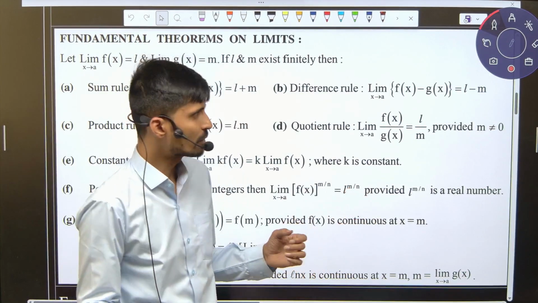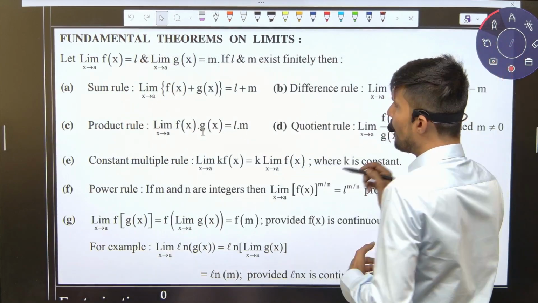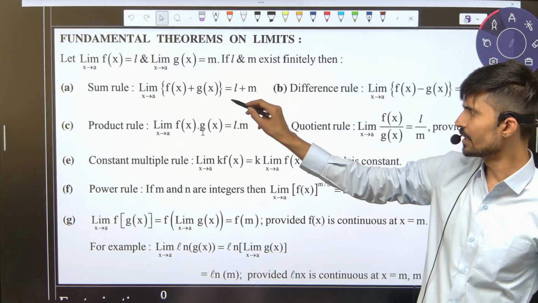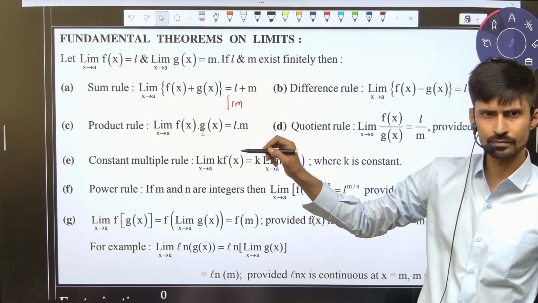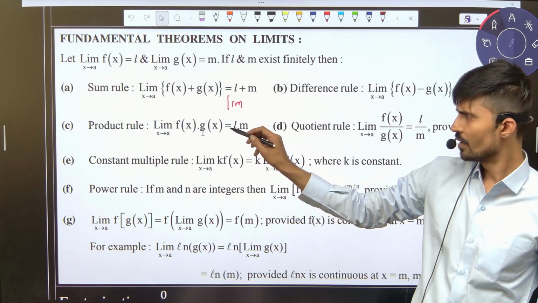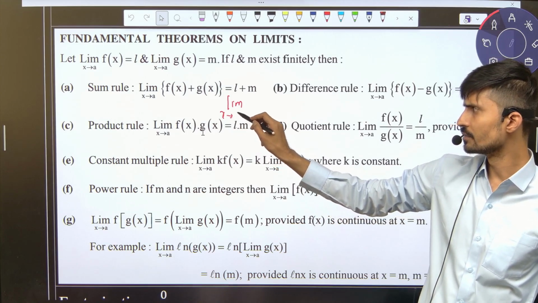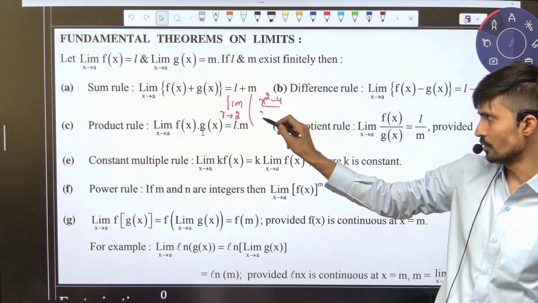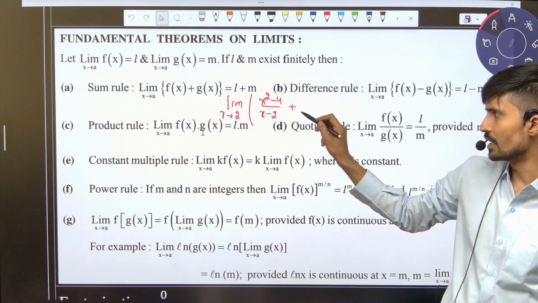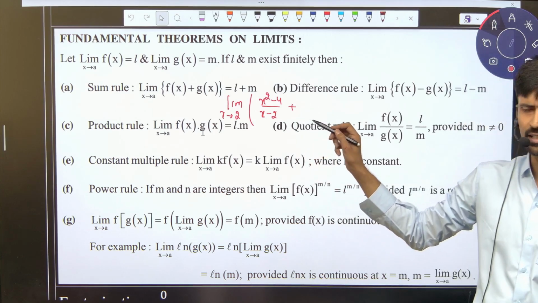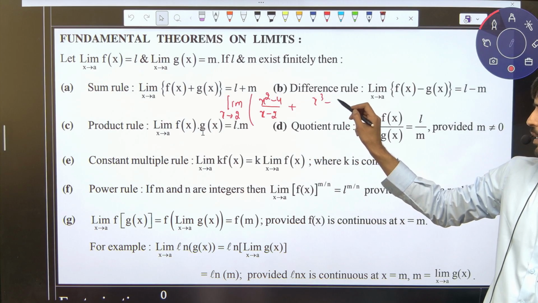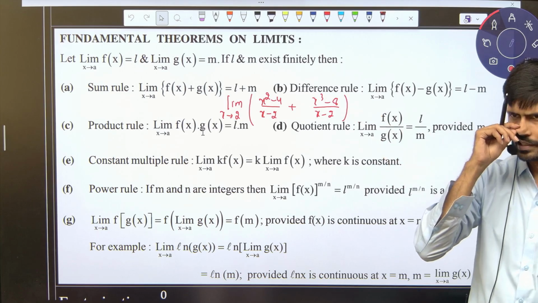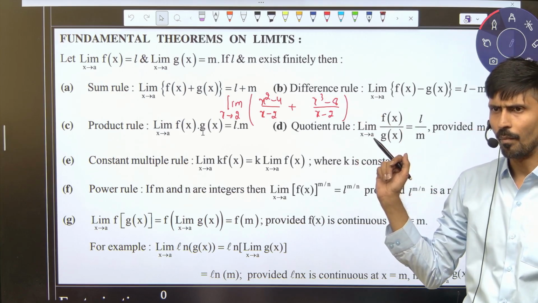First point: suppose something is written, limit x tends to 2, of x square minus 4 upon x minus 2 plus or minus anything, say x cube minus 8 upon x minus 2. Suppose you want to find this limit.